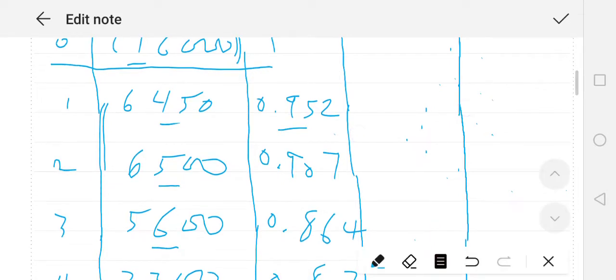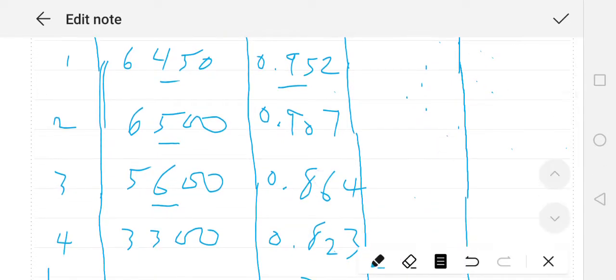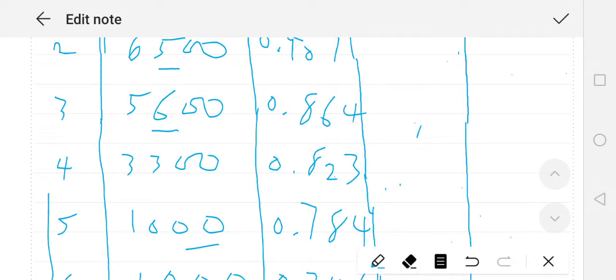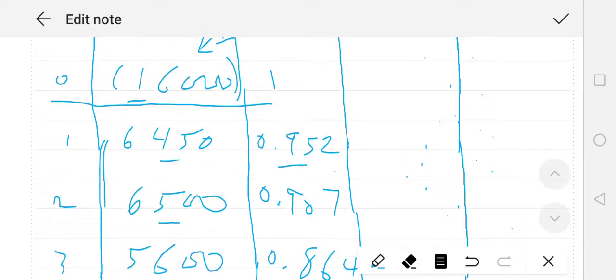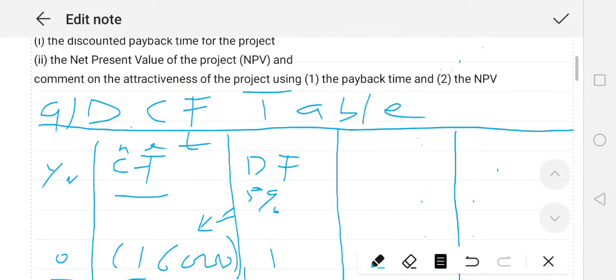So you do that for all the years. If it is year 2, you raise it to the power 2. Year 3, you raise it to the power 3, up to year 6, then you raise it to the power 6. After that, you try to find the present value. The present value here is going to be the cash flow times the discount factor.